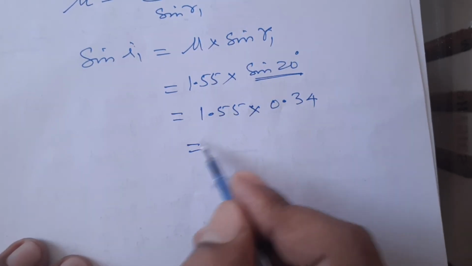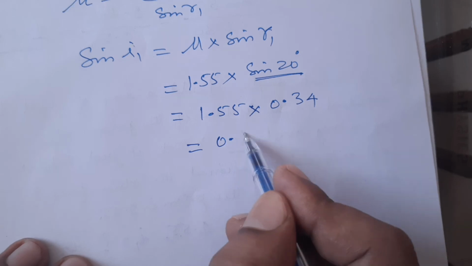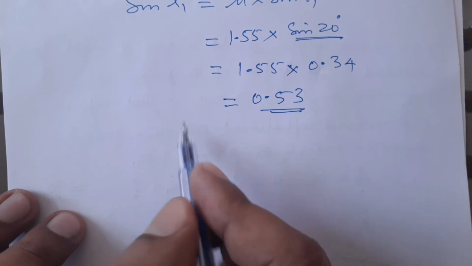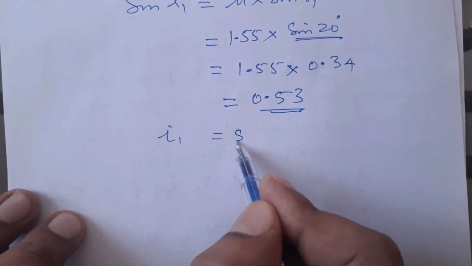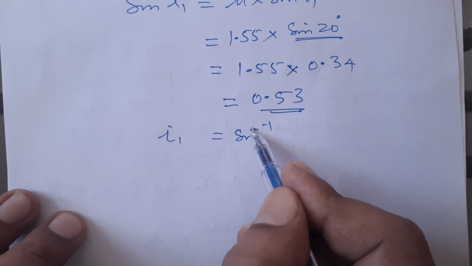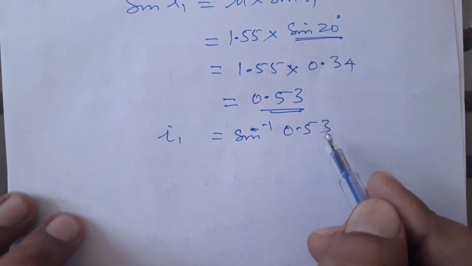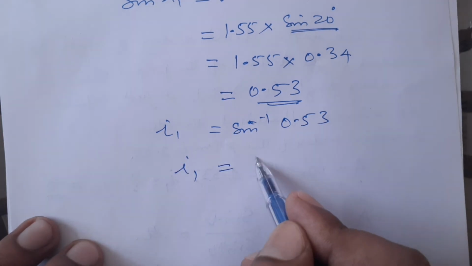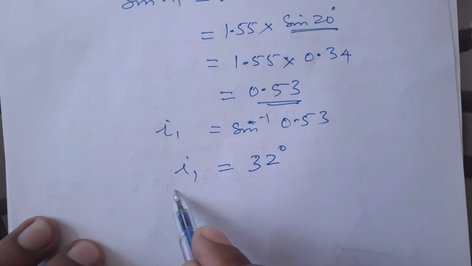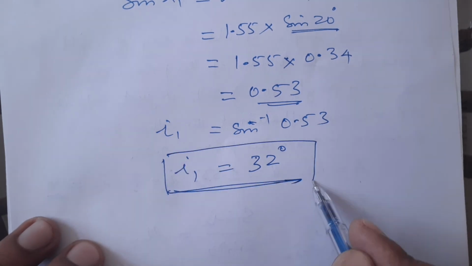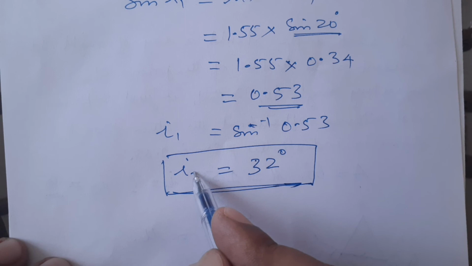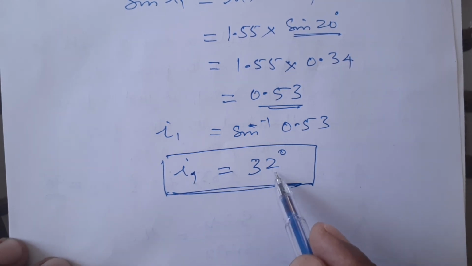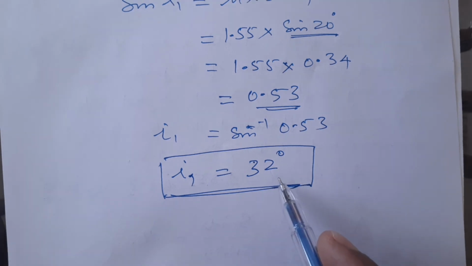Multiplying these two, we get 0.53, so sine of I1 is 0.53. So I1 equal to sine inverse of 0.53, and we get I1 equal to 32 degrees. So this is our answer. A ray of light should fall on the face at an angle of 32 degrees such that it suffers total internal reflection, so that the emergent ray is at 90 degree.